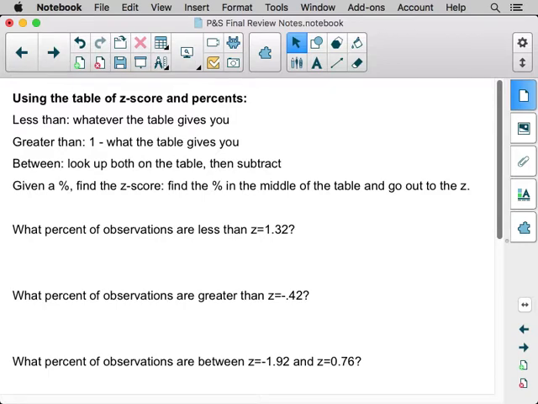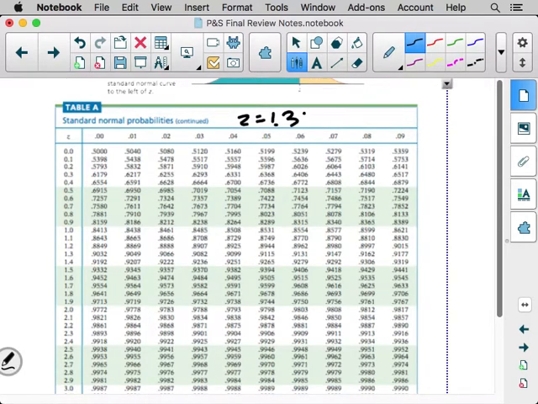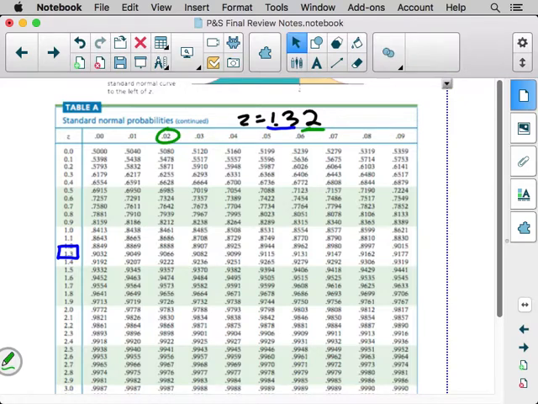So just to really quickly model each of those for you, what percentage of observations are less than a z of 1.32? So remember, on the positive side, you need to go down to the 1.3 and over to the 2.